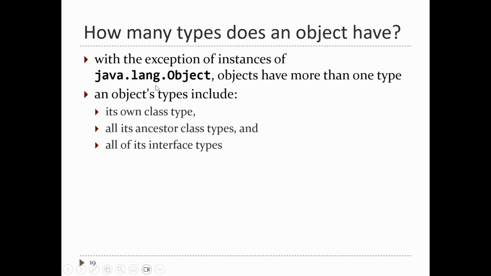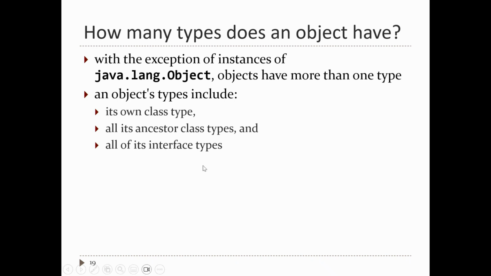So an object's types include its own class type. If you have a stopping counter, then it's a stopping counter. It also includes all of its ancestor class types. So a stopping counter is a counter. So counter is one of the types that a stopping counter has. And it's also an object. So stopping counter has 3 types.